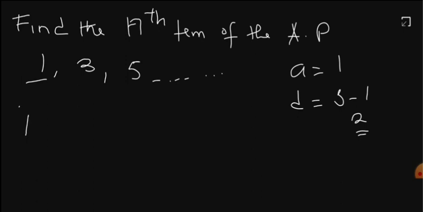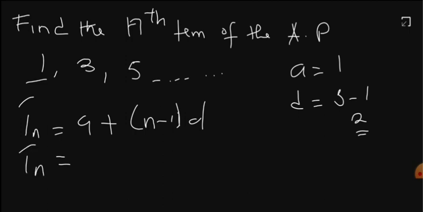Then from there, we know that the formula for nth term is given by a plus n minus 1 times d. So a is 1, and d is 2. Here they are looking for the formula, not the actual number. So a is 1 plus n minus 1, d is 2.